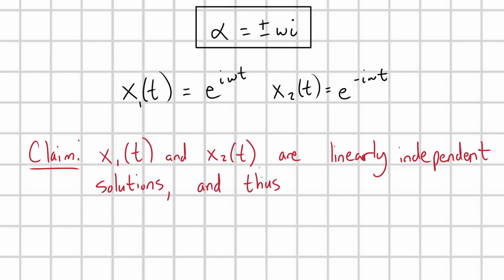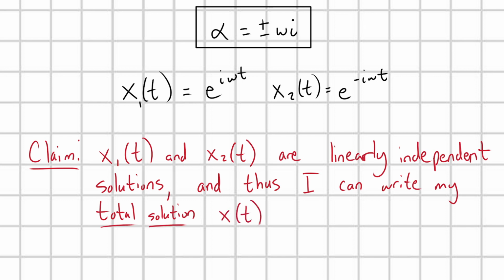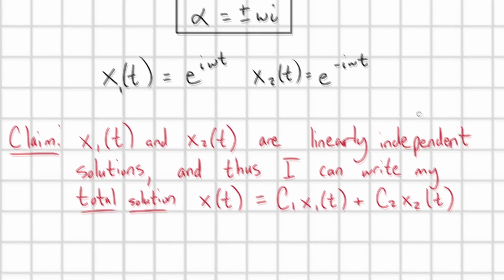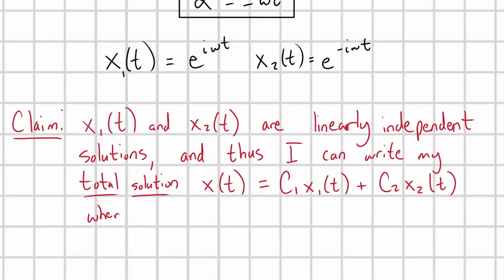And thus, I can write my total solution x of t as C1 x1 of t plus C2 times x2 of t, where C1 and C2 are arbitrary constants.